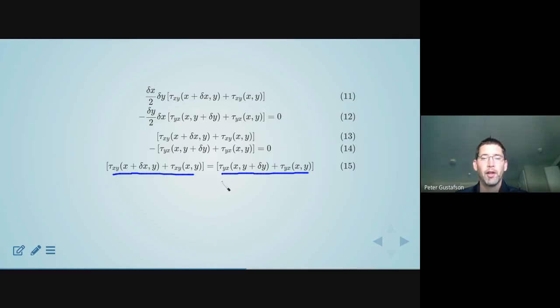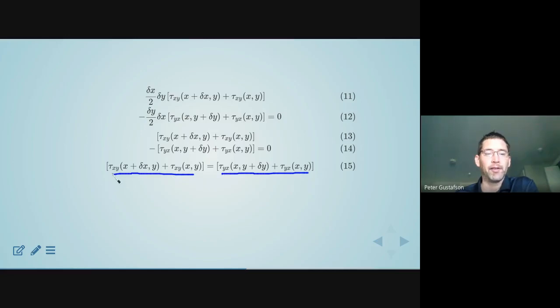Now, here, we need to think like we thought before, because this is a differential element. The calculations we're doing apply in the limit as dx and dy go to 0, as this infinitesimal element becomes infinitesimal. So what does that yield here? Let's look at the left-hand side.